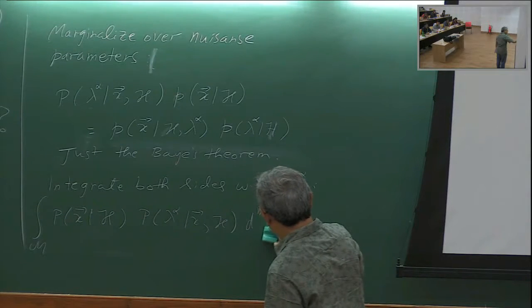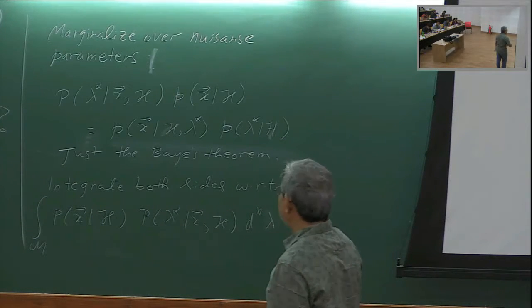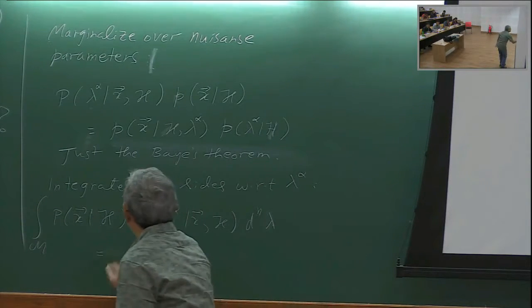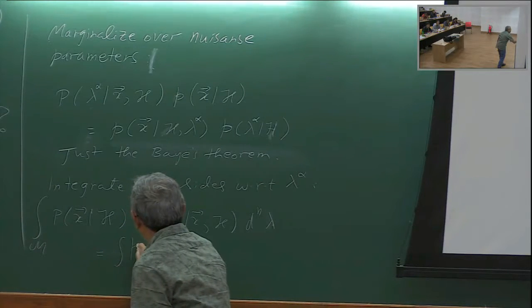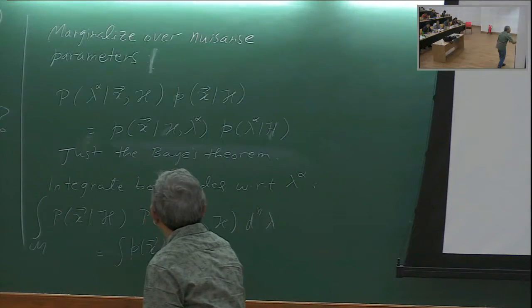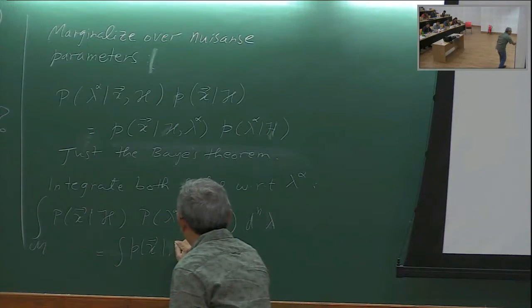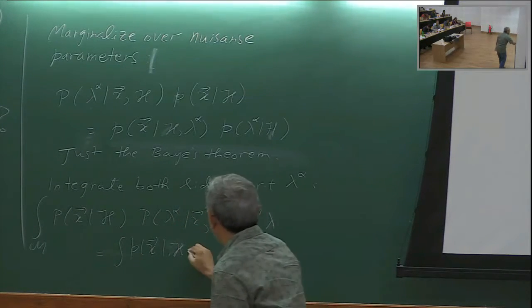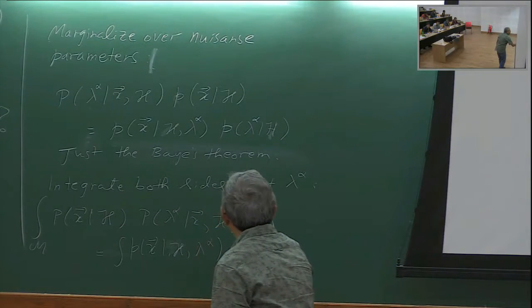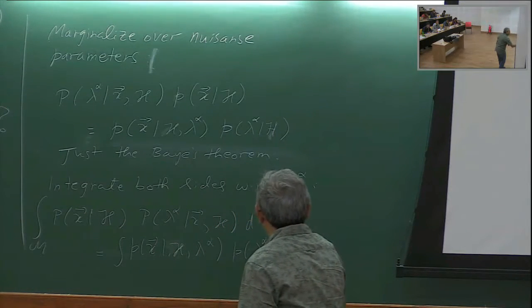We're going to integrate over all the parameters on both sides. So that's equal to the integral of P of x. I'm not including any particular hypothesis. We should repeat it for any hypothesis that we want. P of lambda given H.